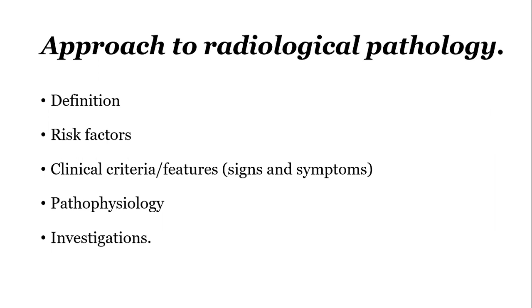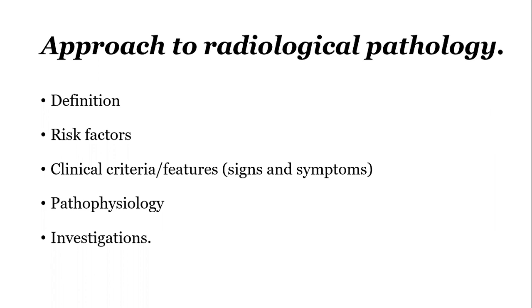So we deal with pathology. Whenever you want to talk of any pathology, or when we talk of disease, the first thing you should do is define the disease. When you define the disease, then find out about the risk factors associated with it. What are the risk factors that will cause this disease?